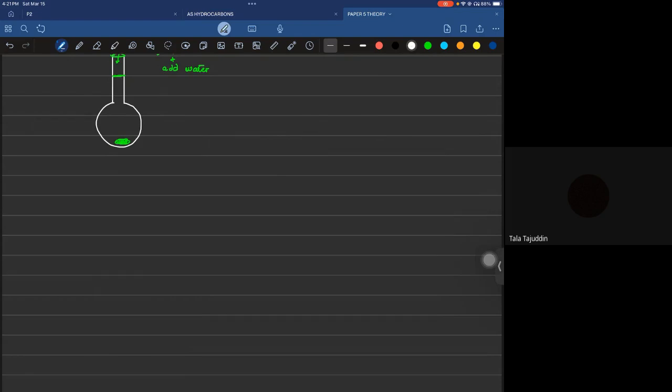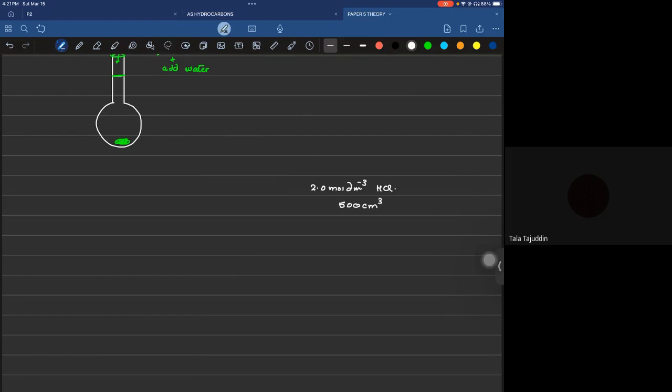Let's suppose you are doing your experiment and you need 2.0 mole per dm cube concentration of HCl, and you are 50 students, so let's suppose we will consume approximately 500 centimeter cube.